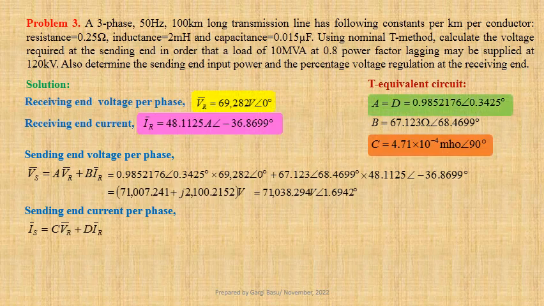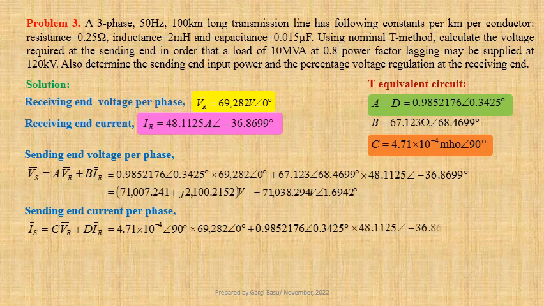Using values we get 4.71 into 10 to the power minus 4 at an angle 90 degree into 69,282 at an angle 0 degree plus 0.9852176 at an angle 0.3425 degree into 48.1125 at an angle minus 36.8699 degree.